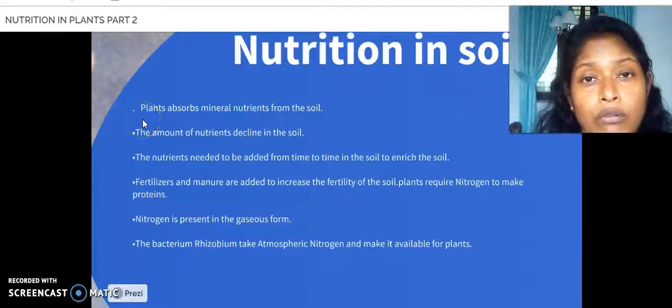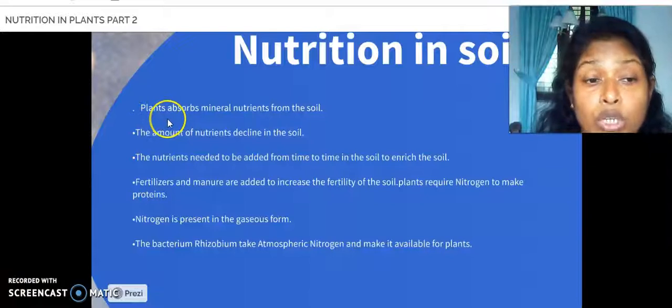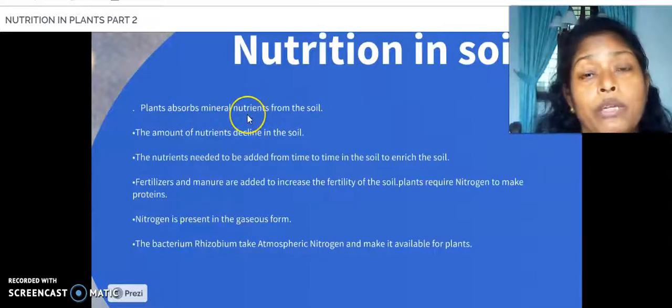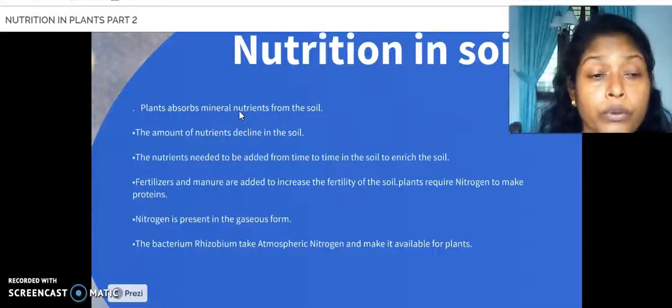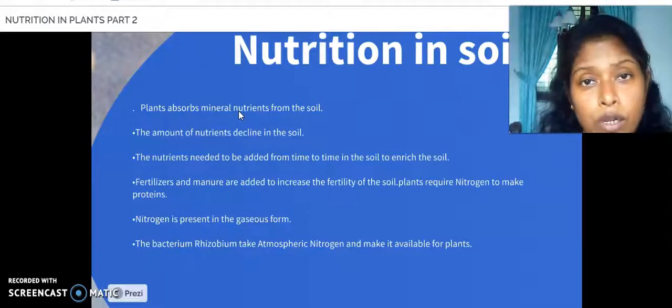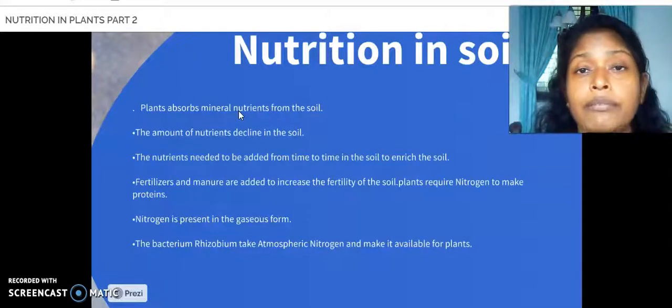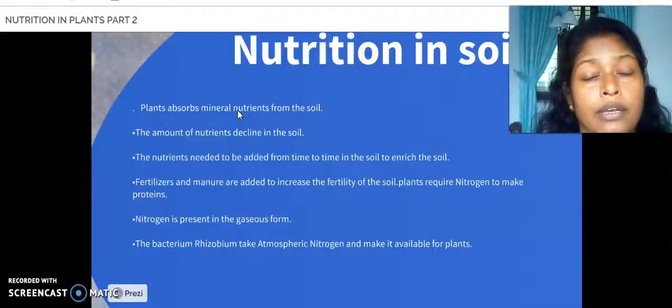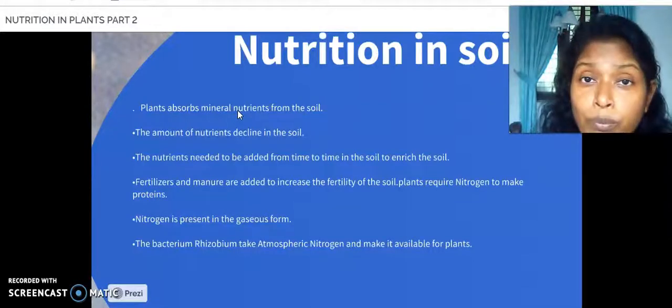Now, nutrition in the soil. We know nutrition is needed by plants for their growth. Just like humans or any animals require a balanced diet for full growth, in the same manner the plants also require nutrients. If there is a deficiency of these nutrients in the soil, then the plant will not grow properly.